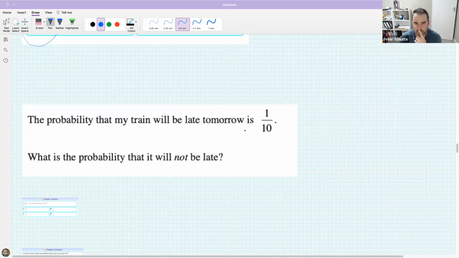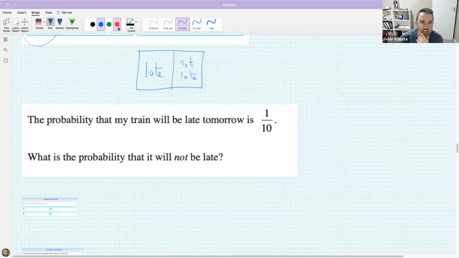Just using normal logic, you're either late or you're not late. Now, if you know the probability that you'll be late is 1 out of 10, what is the probability that you won't be late? Okay, and I think most of you know that it's 9 out of 10, because together the two outcomes must add up to 1.